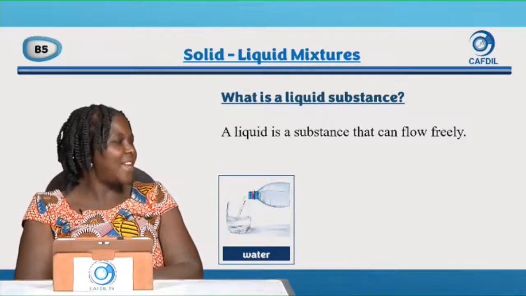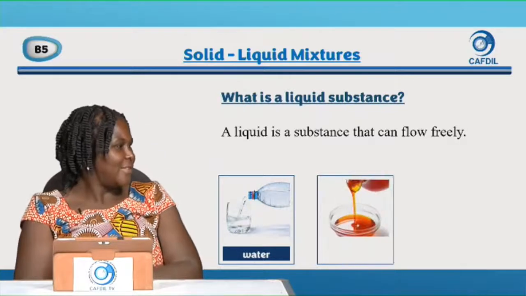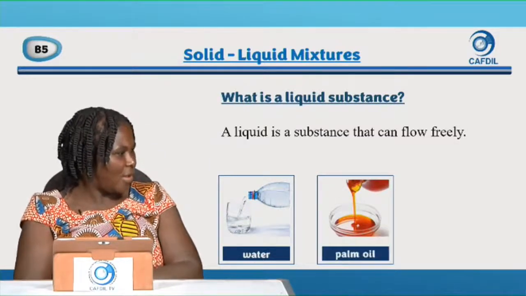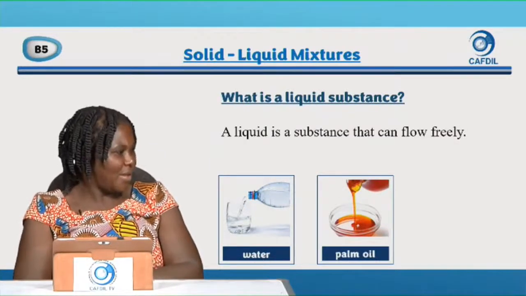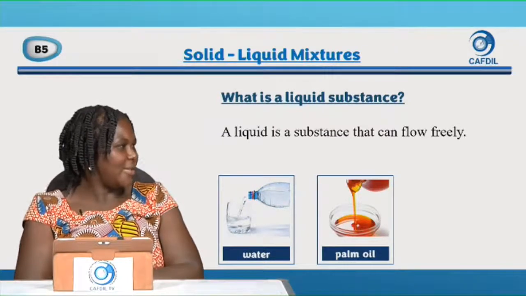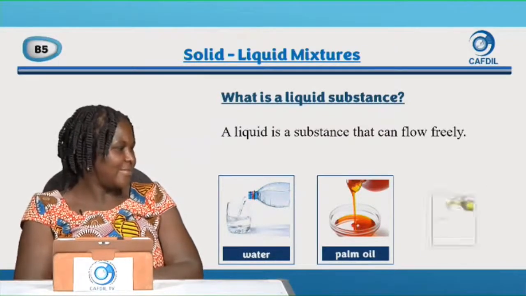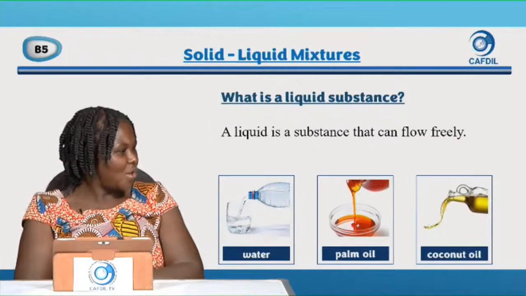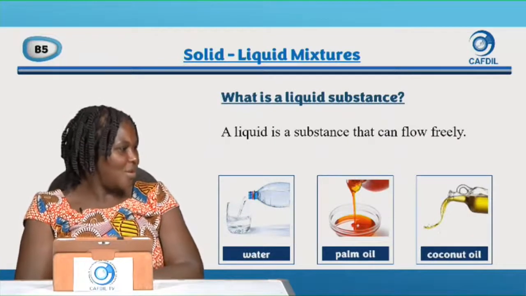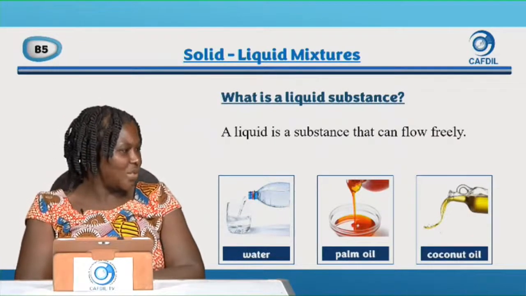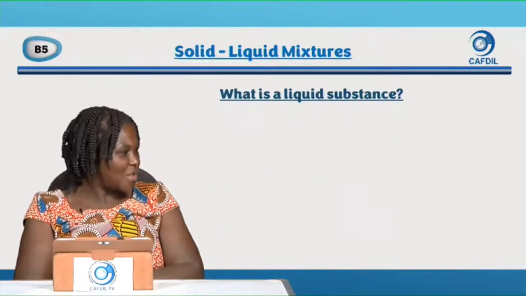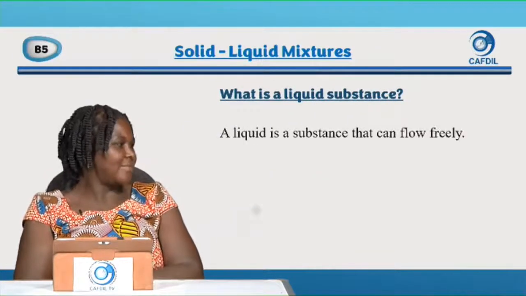Water is a liquid. We have palm oil. So palm oil is a liquid. We have coconut oil. So coconut oil is also a liquid.